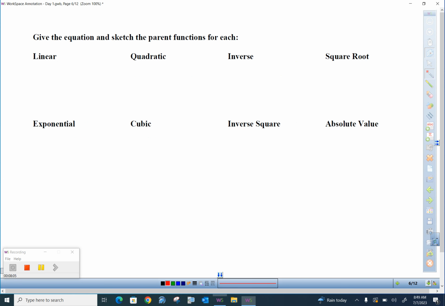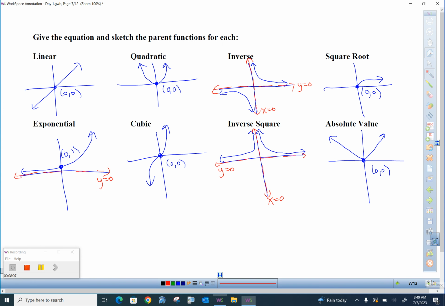Take a look at these parent functions here. Again, those were just trying to remember all of those different graphs that we're looking at. Let's review equations real quick.